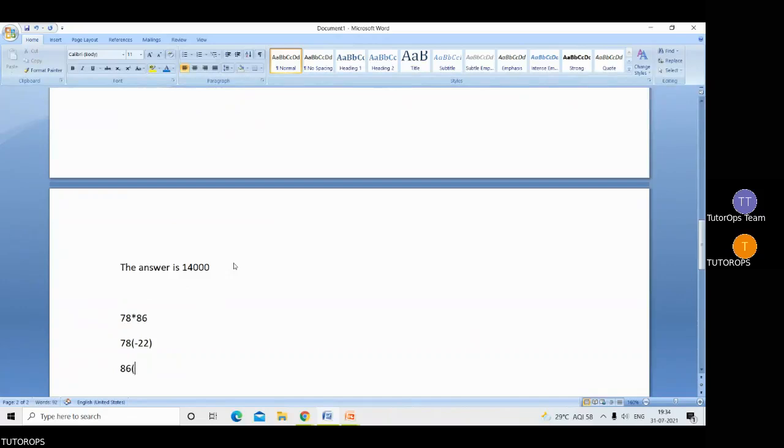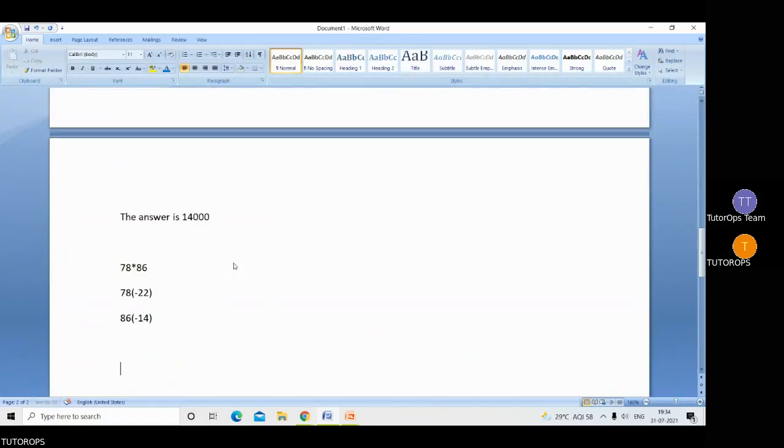Then 86 will result in 100 minus 86, that is 14. So what will happen here? Here I need to do cross subtraction, but remember, the cross subtraction does not mean the subtraction with sign. So I just need to subtract 14 from 78, not minus 14. I just need to subtract 14 from 78.